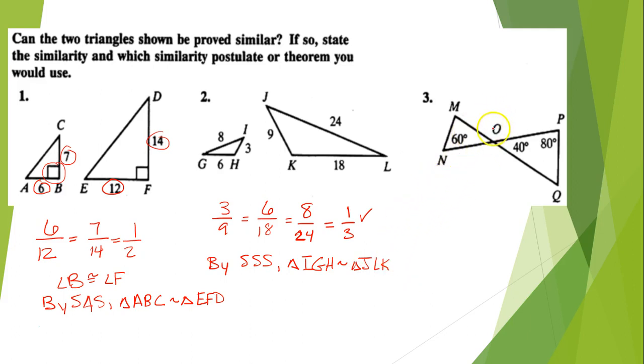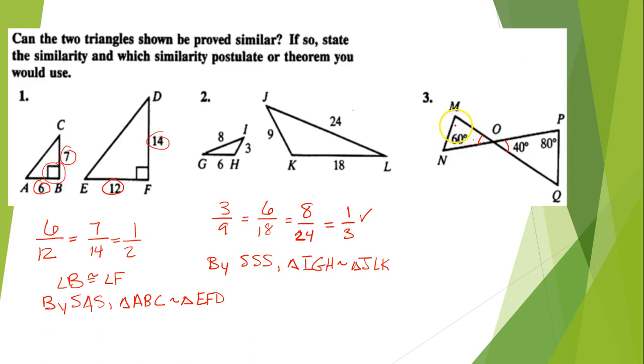Okay, one more. We always know that vertical angles are congruent, and we have angles listed, no sides listed, so that is a clue to use something with just angles in it, like our angle-angle similarity postulate. And let's see. So this angle and this angle are both 40. Now, is this angle right here 80? So take 40 and 60. All angles must add up to 180 in a triangle. So yes, 60 plus 40 is 100.